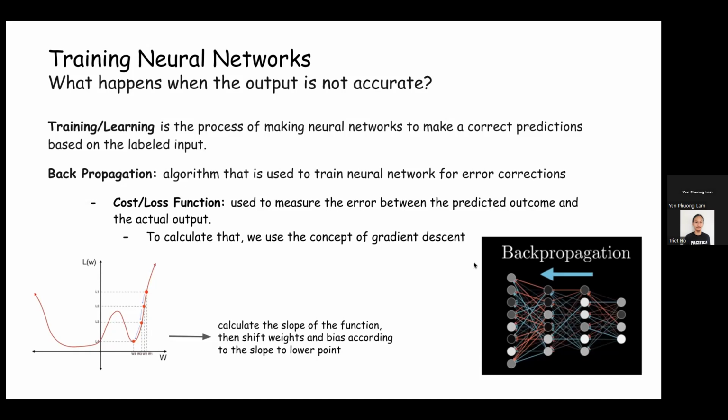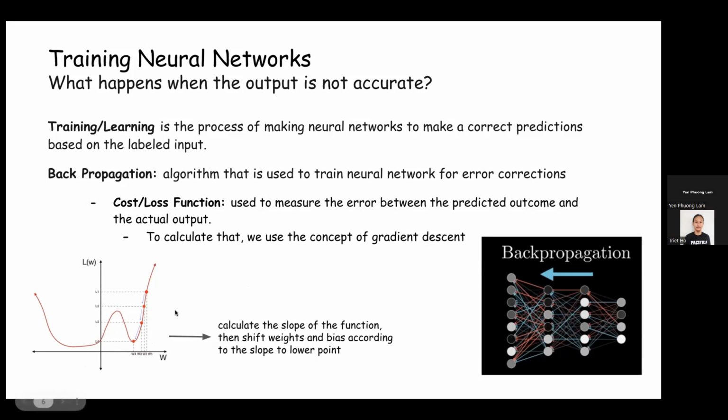During the process of fixing the error, we use the concept of a loss function to measure the error between the predicted outcome and the actual output. We calculate how much error we have in the network, and we use the concept of gradient descent.